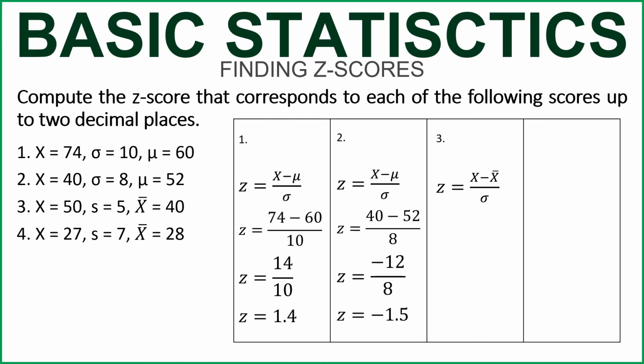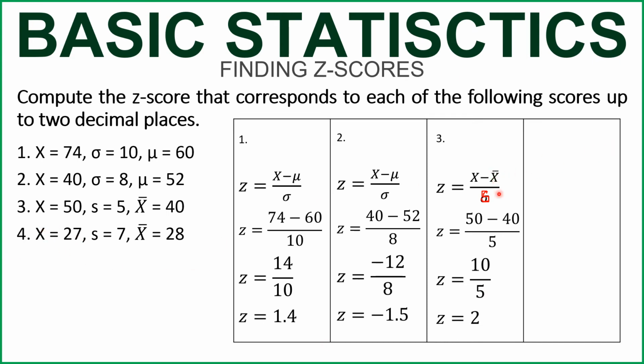Palitan na lang natin ng S. So, this is supposed to be small letter S because it is for sample data. Tsaka yung given natin is S. So, palitan natin siya ng S. And then, all we have to do is to substitute 50 minus 40 all over 5. 50 minus 40 is 10 all over 5, and 10 divided by 5 or 10 over 5 is equal to 2.